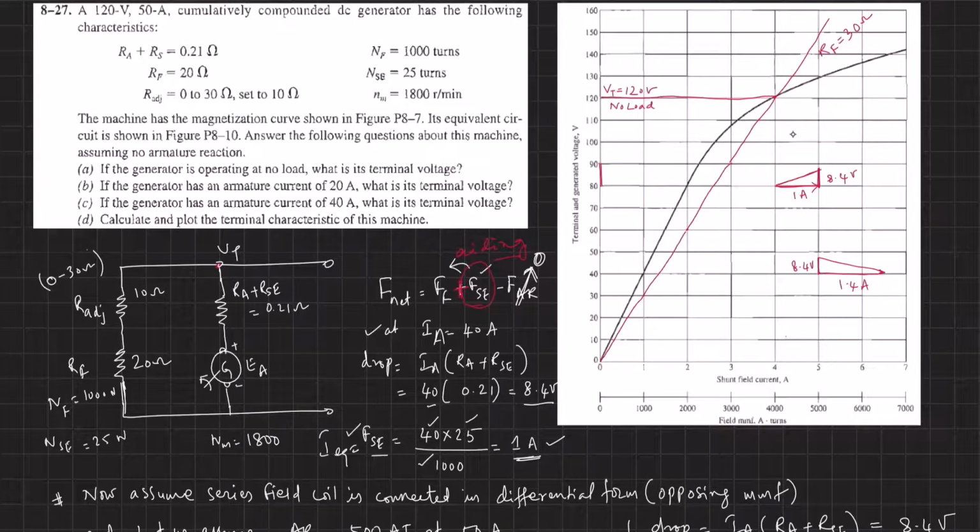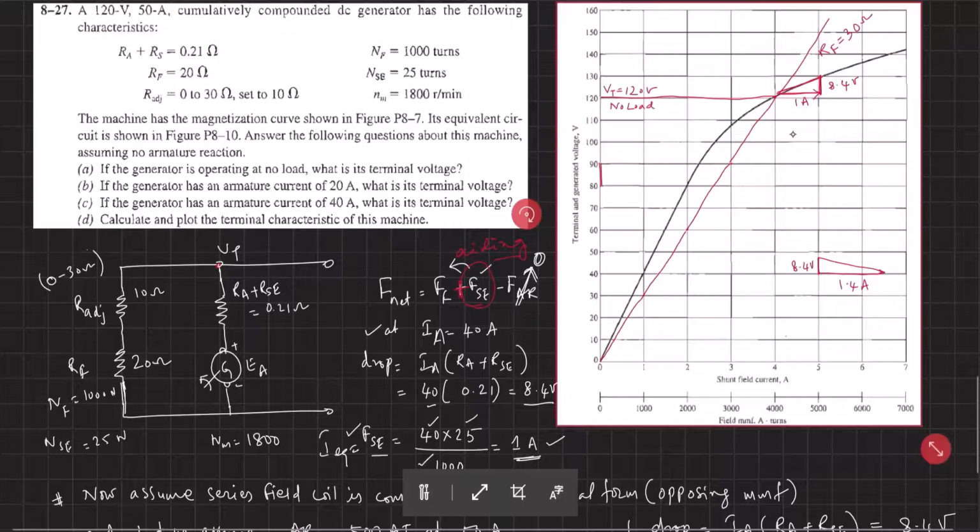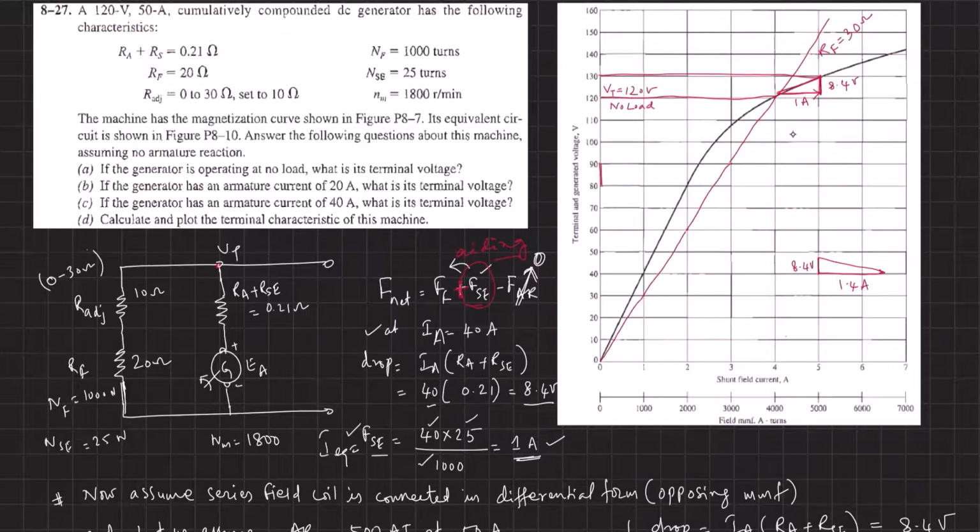Now I move this to fit into the two graphs. Okay, right? So this gives me the corresponding terminal voltage of approximately 130 volts.